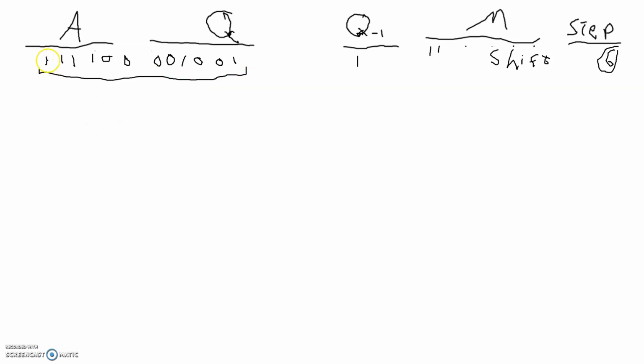Because this leftmost bit is a 1, that means this is a negative number. Well, what I can do is apply the 2's complement in order to figure out what it's a negative number of. So let me apply the 2's complement, of which the first step is flipping the bits. So wherever there's a 0, we'll have a 1. Wherever there's a 1, we'll have a 0.